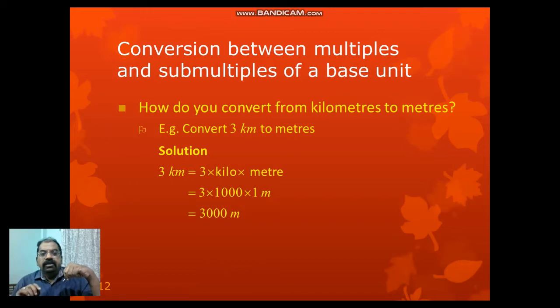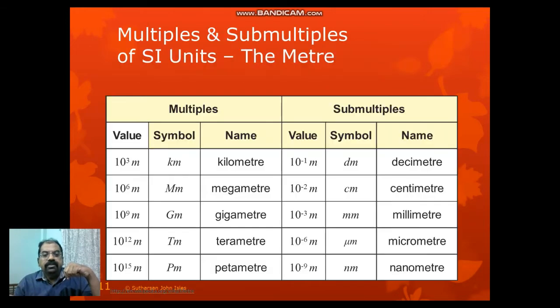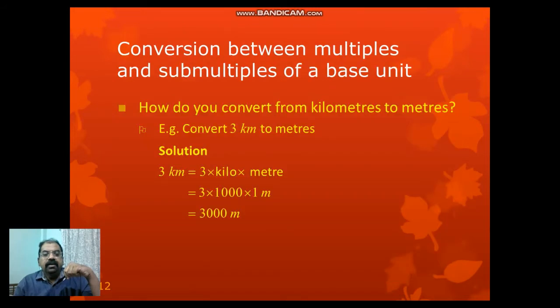When we talk about the conversion between multiples and submultiples of a base unit, how can you convert from kilometers to meters? When you know this table, you can easily find out how to convert kilometer to meter.